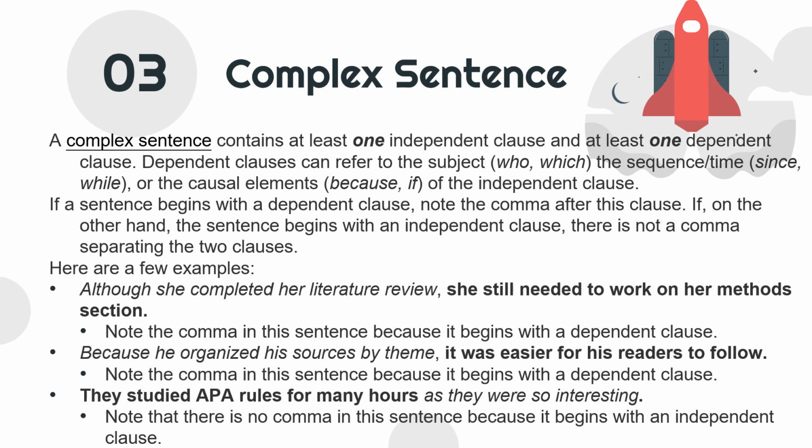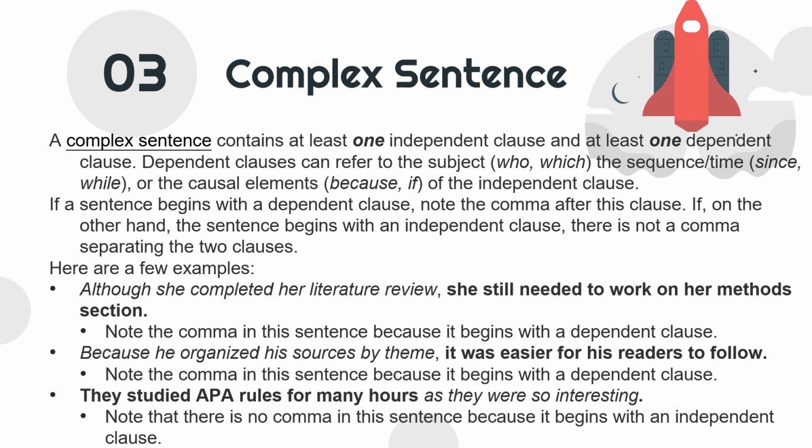Next is the complex sentence. It contains at least one independent clause and at least one dependent clause. Dependent clauses can refer to the subject, such as who or which, the sequence of time, such as since or while, or the causal elements, such as because and if, of the independent clause.